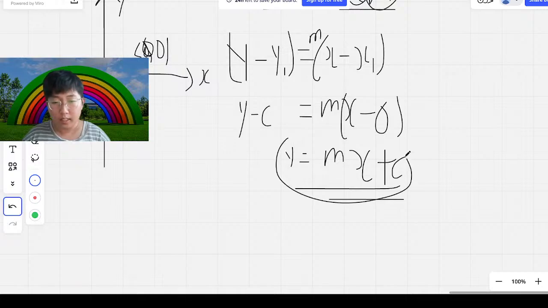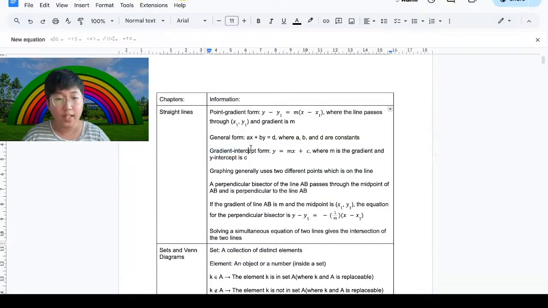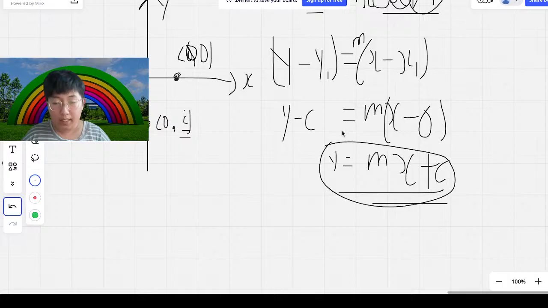And guess what? This is actually one of the forms that we learn, which is called the gradient-intercept form, which is equal to y equals mx plus c, where m is the gradient, and the y-intercept is c. And this is exactly the formula that we get.